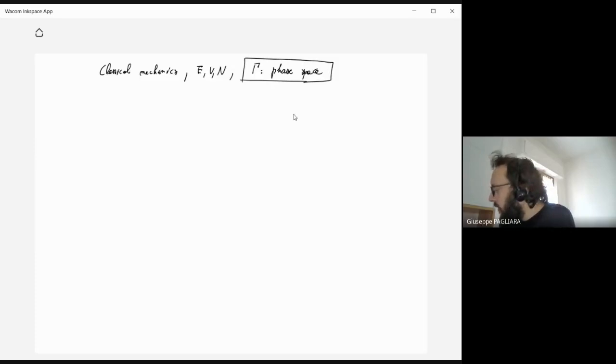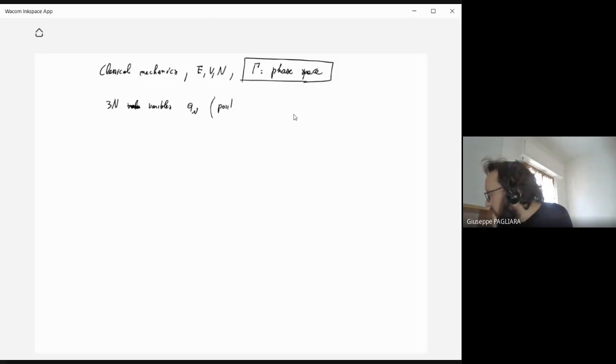So I have 3N variables q_i, which are the configuration, or the positions.